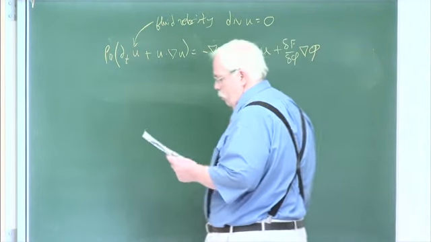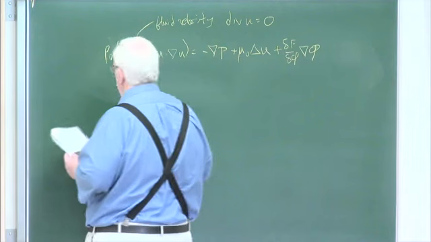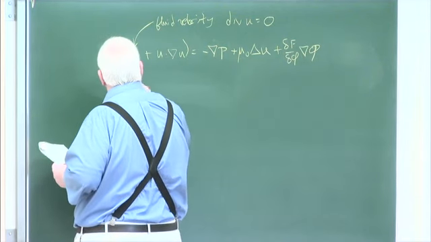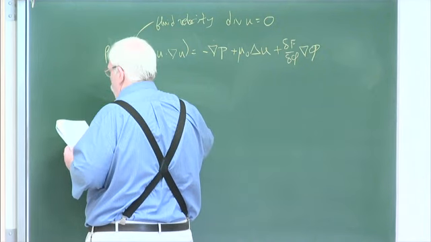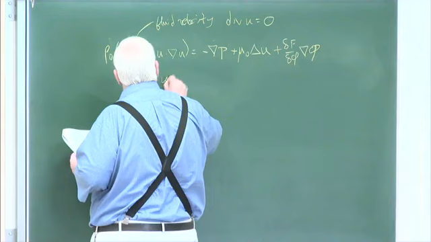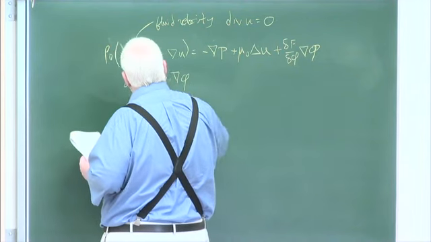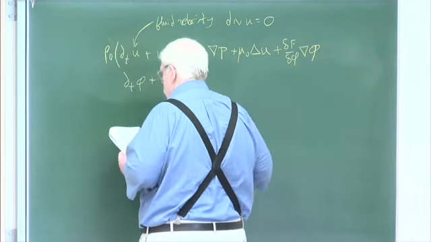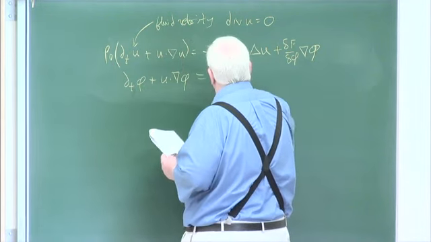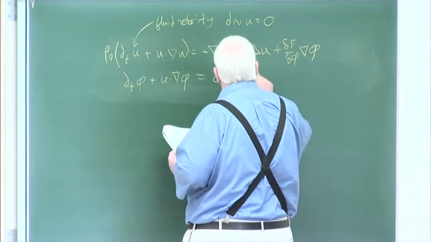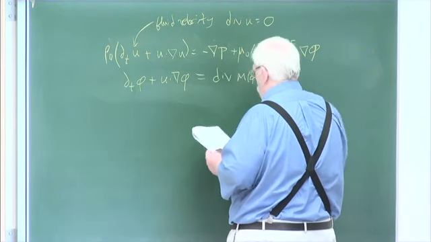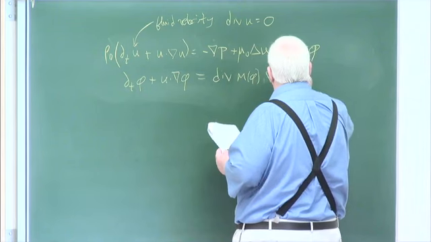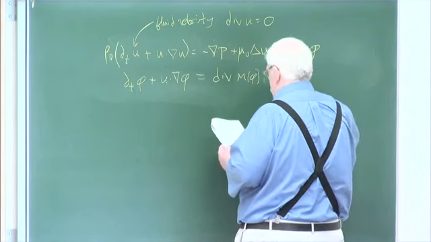So we need the equation for phi, and it's the Cahn-Hilliard equation for the scalar function when it's carried around by the fluid. Okay. So it's the divergence of m of phi grad of delta F delta phi.